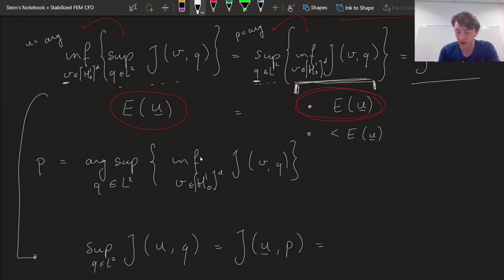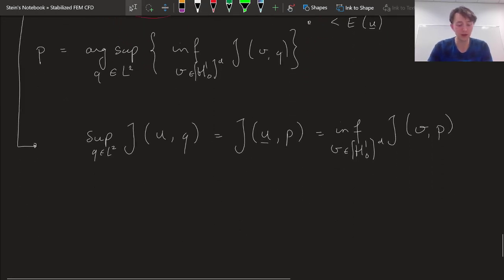And it's also going to be equal to this sup-inf statement, where I've substituted my known argument, which produces the supremum, as p, giving me a leftover statement: the infimum over v of J(v, p), because I've substituted p in place of q.